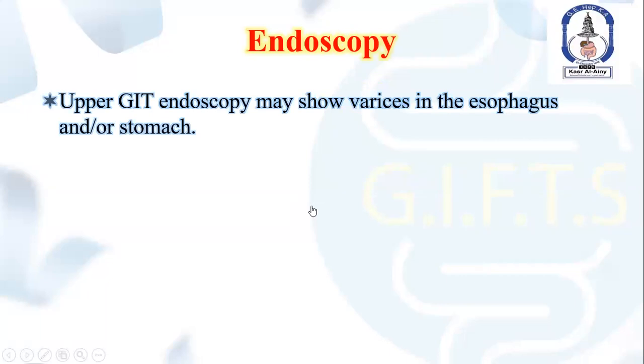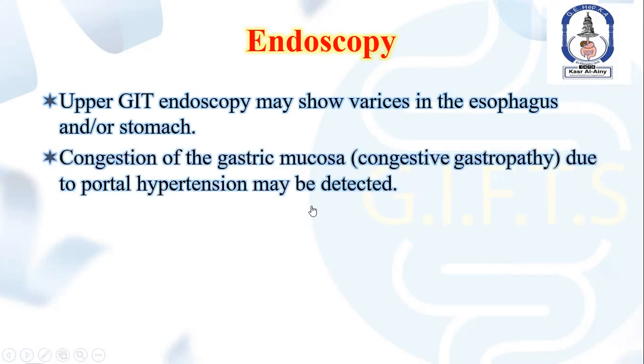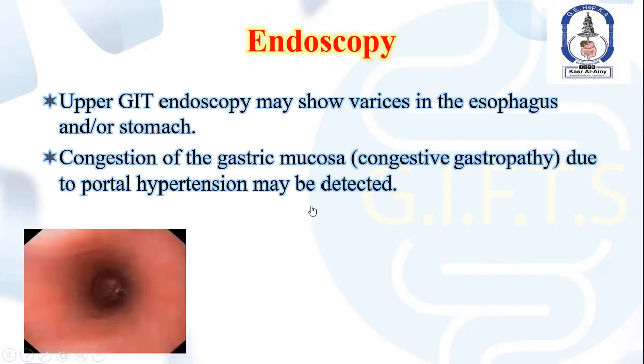Endoscopy. Of course, upper GI endoscopy may show varices in the esophagus or in the stomach. That's called gastric varices. There would be congestion of the gastric mucosa because of the portal hypertension. This is called portal hypertensive gastropathy or congestive gastropathy.